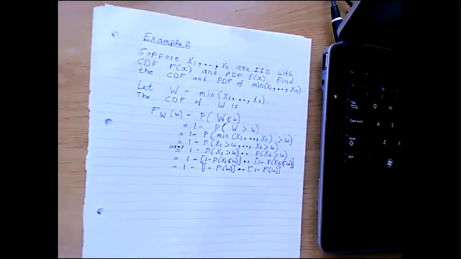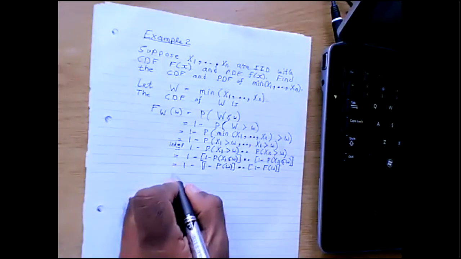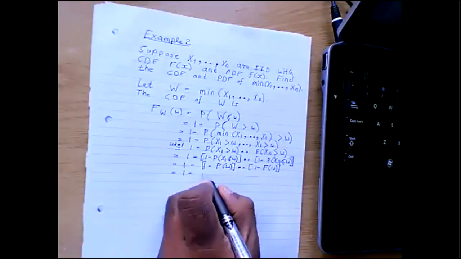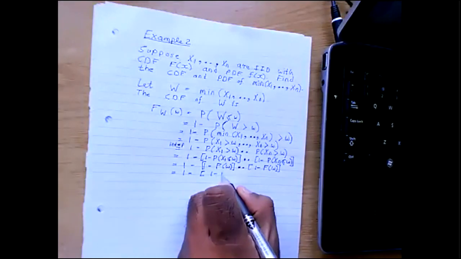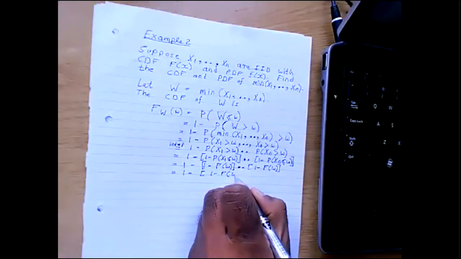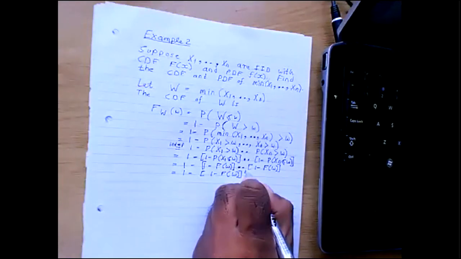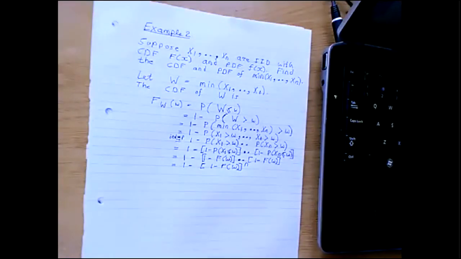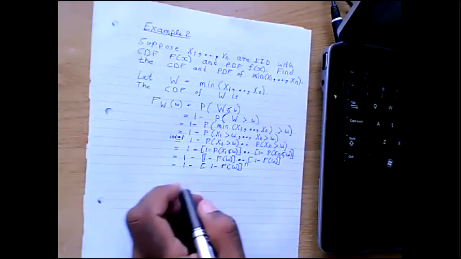You follow me? So this becomes 1 minus F at w to the power n. Are you guys okay with me or not? All right, so this is the CDF of W.